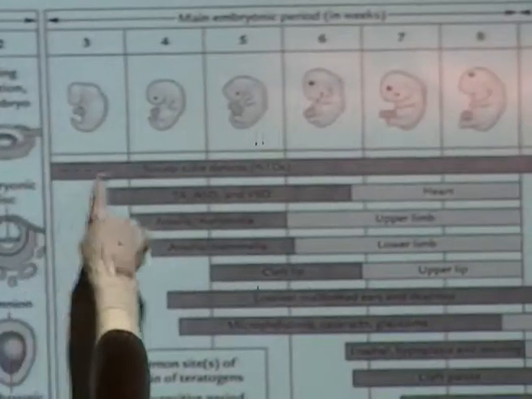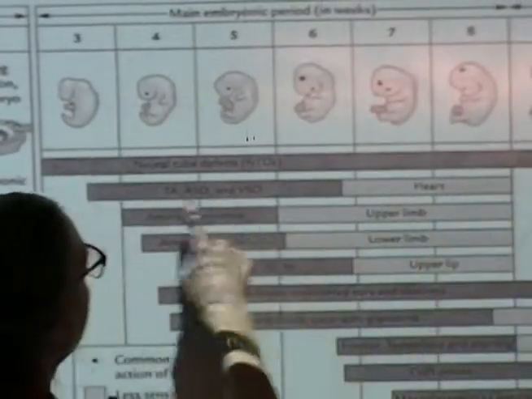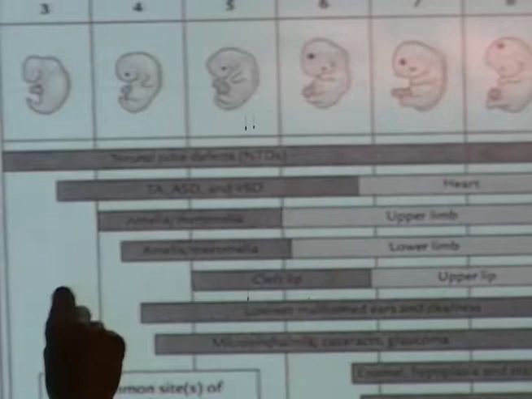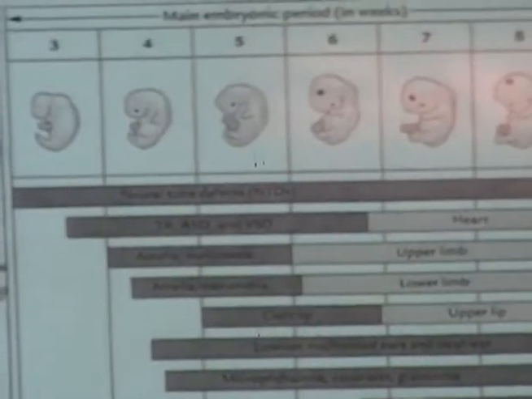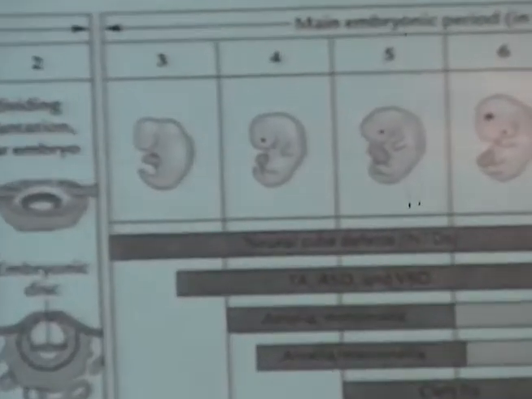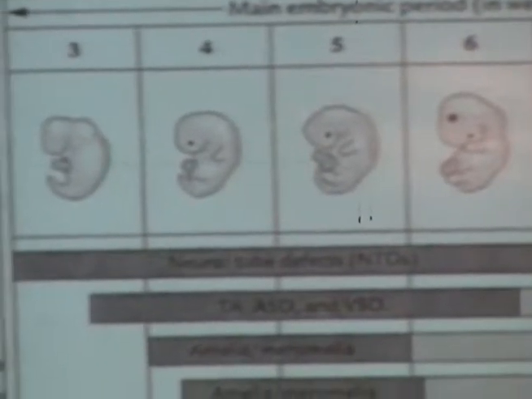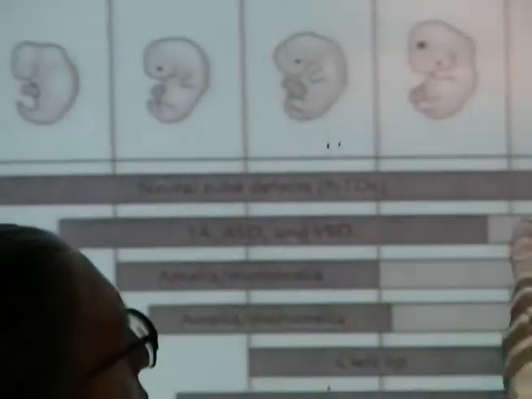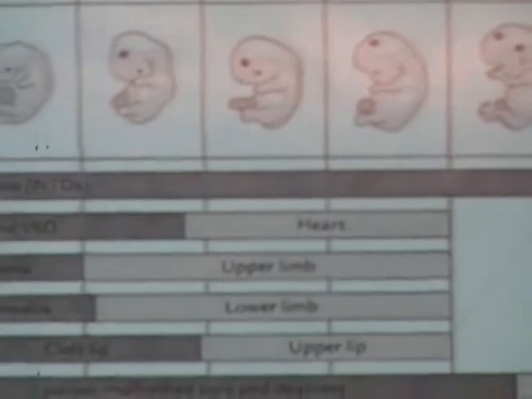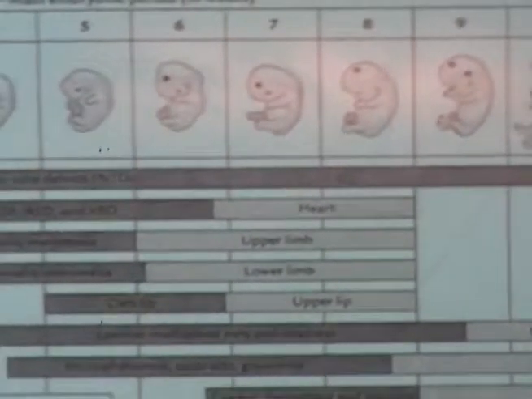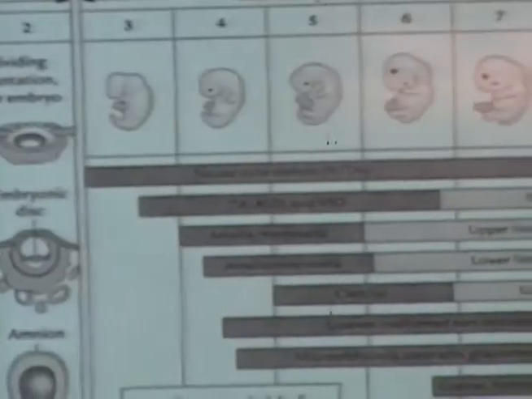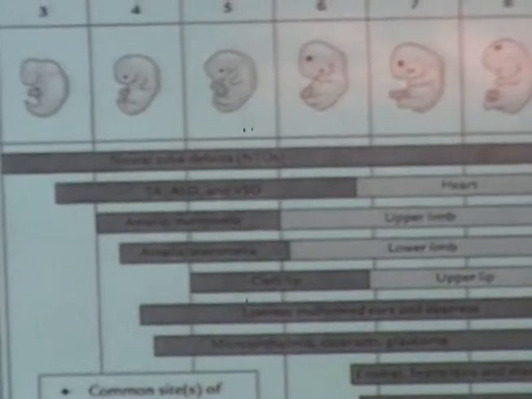The dark part of the line is the period within the nine months where there is the most risk for that particular tissue or system that's developing. The paler part of the line is where the tissue is still developing, but more slowly, so there's less risk during this point in time.